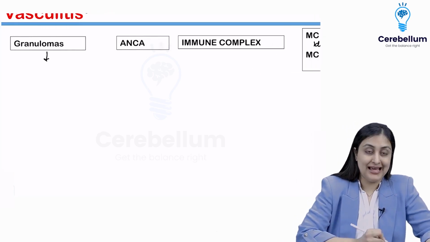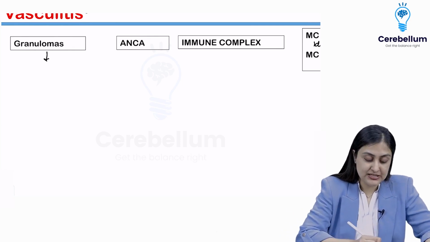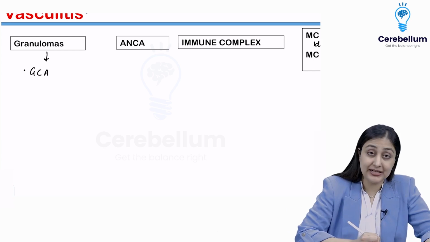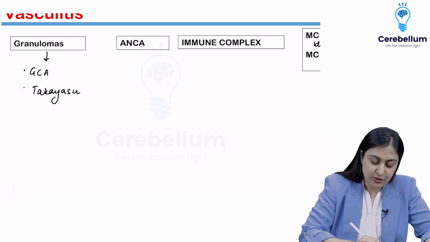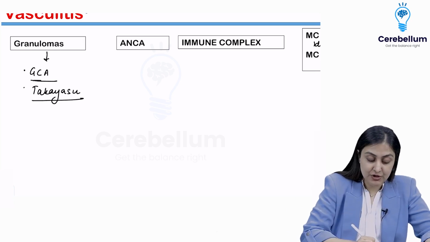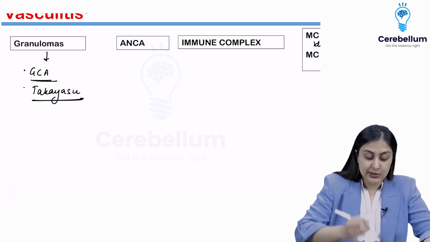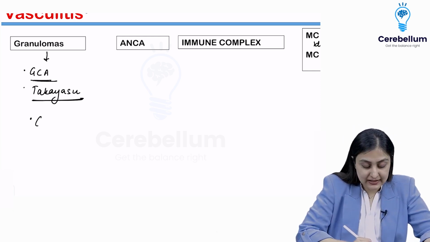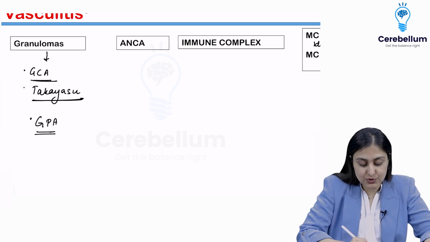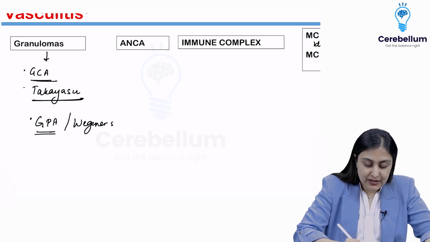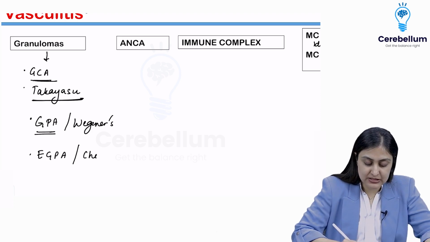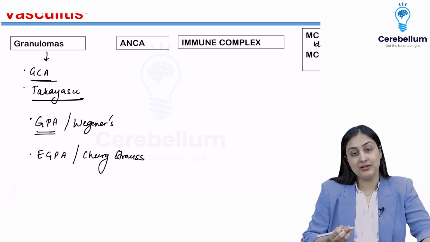So where you have granulomas or type 4 hypersensitivity is going to be giant cell or temporal arteritis, Takayasu's arteritis, which are your large vessel vasculitis. You'll also have granulomas in GPA, that is granulomatosis with polyangiitis, previously known as Wegener's, and eosinophilic granulomatosis with polyangiitis, previously known as Churg-Strauss. So all of these have granulomas.